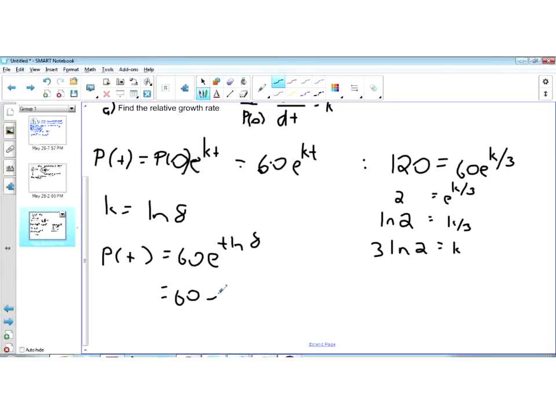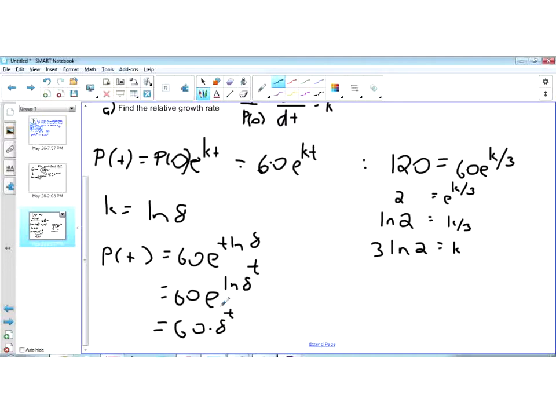So this is 60 times e to the natural log of 8 to the t power. Exponential and natural log are inverse functions, so a function composed with its inverse is merely the argument. So we have 60 times 8 to the t. That's the population at time t.